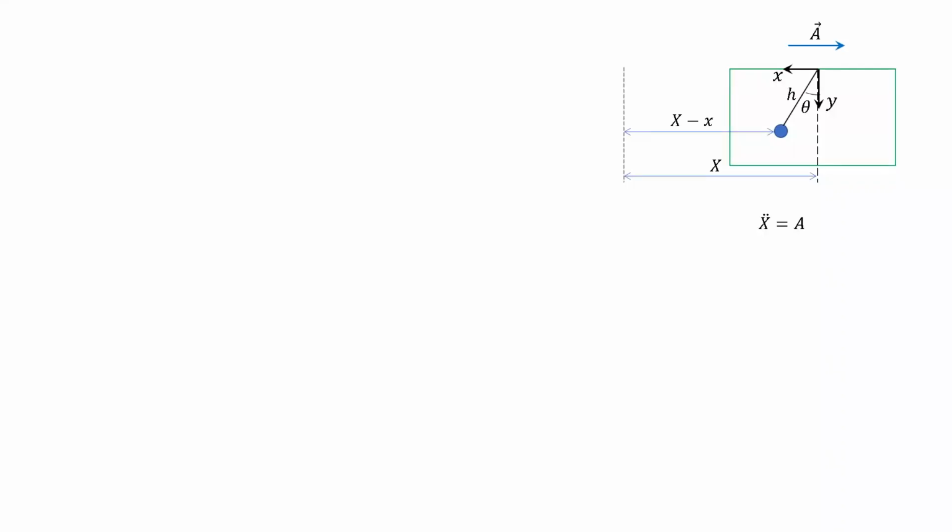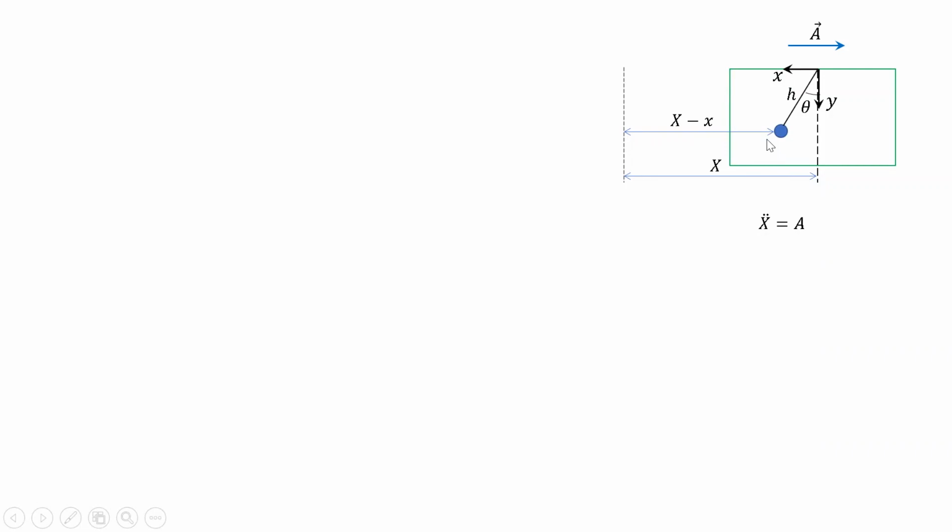So I'm still considering the inertial frame, and I want to find the equation of motion using the Lagrangian. How do I set up the Lagrangian this time? Again, we just have KE minus PE.